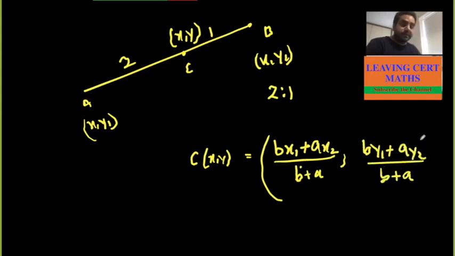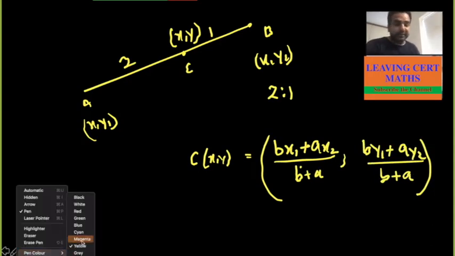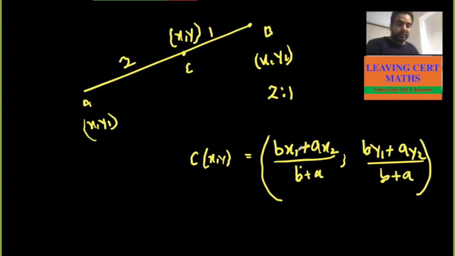You don't have to remember the formula because it's already given in your junior cert, right? So this will be your a and this will be your b. x1 is from here, x2 is from here, y1 is from here, y2. Is it difficult or can you solve it? I think it's okay. Now let's talk about the area of a triangle.